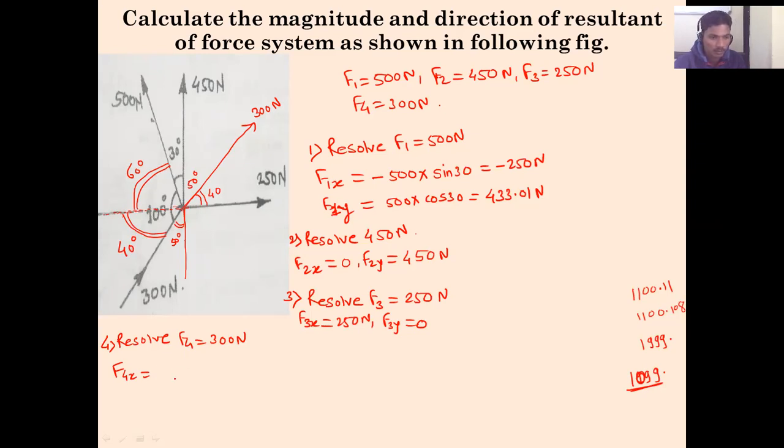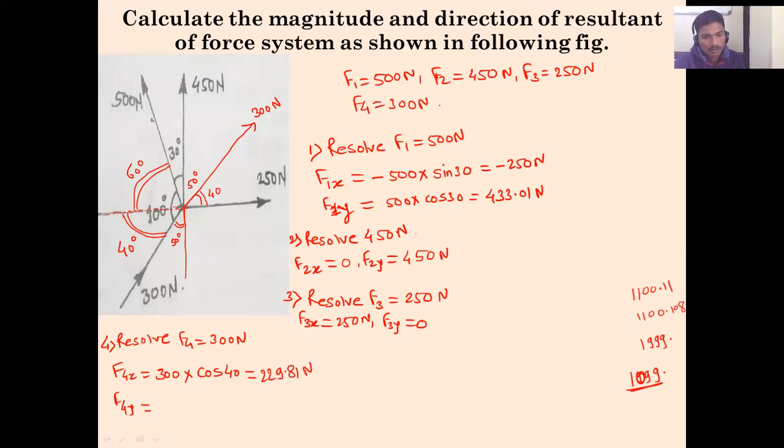What will be its x component? That force 300 Newton into sine or cos? Cos 40. How much is it? If you have solved it, then you should be very confident to tell the answer. 229.81.